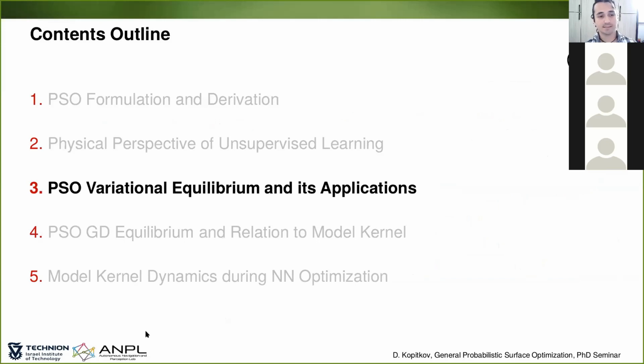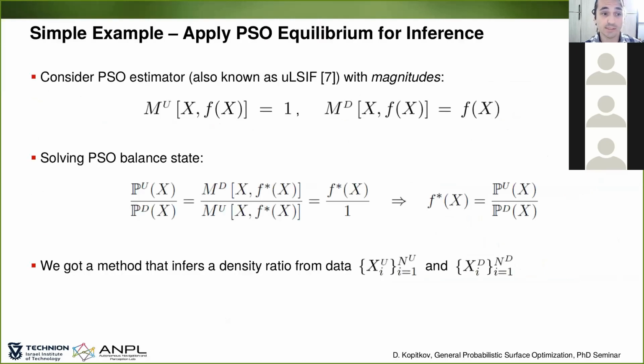Okay, so now let's start talking about the variational equilibrium and its applications. How can we use the PSO bound state for inferring different statistical modalities? Consider these two magnitude functions, mu equal to 1 and md equal to f. To understand what our equilibrium would be, we need to solve the PSO bound state.